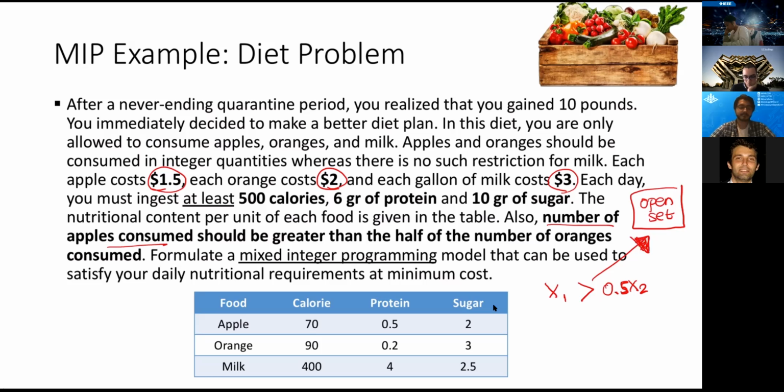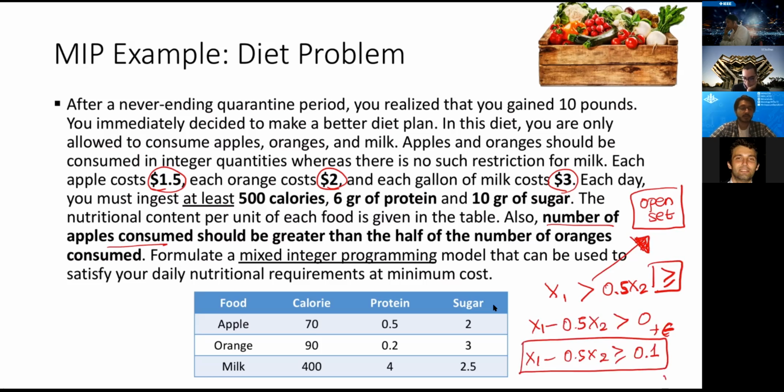So we want this to be a non-strict inequality, and we need to convert it. Let's write it in that format. We just add some small number, let's call this epsilon, say 0.1, so that we obtain an inequality.